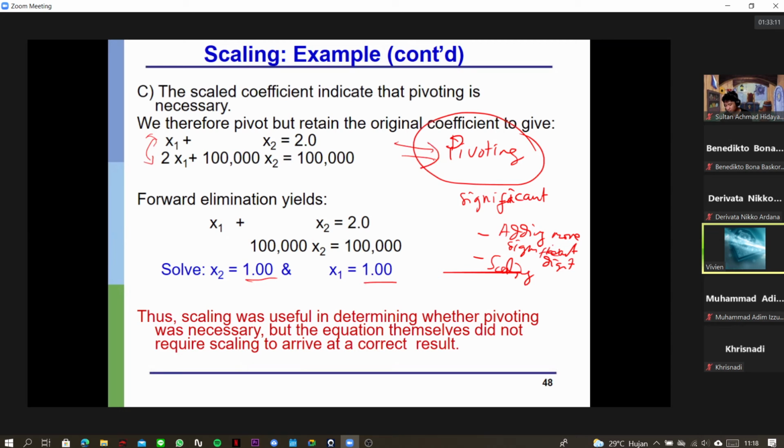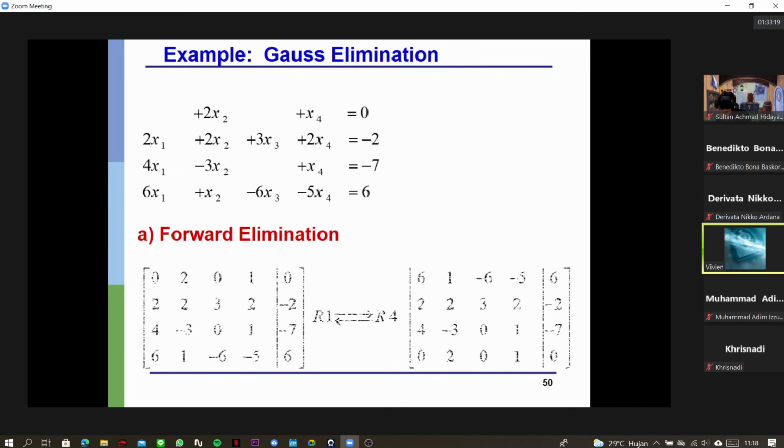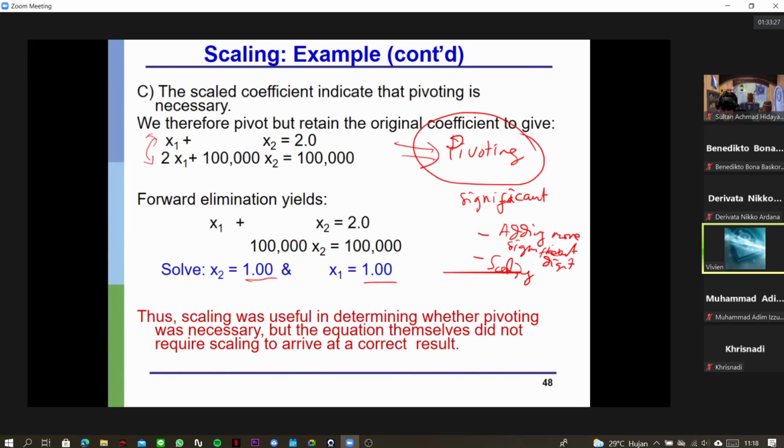Okay, so these are some methods to improve the Gaussian elimination calculation. Now, any questions before we discuss the example?